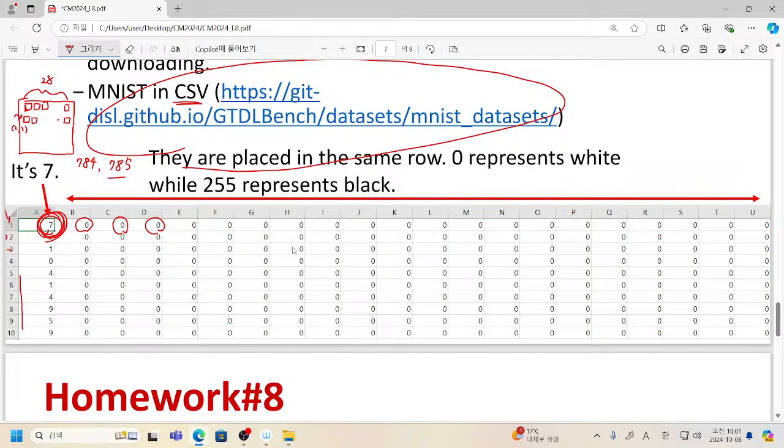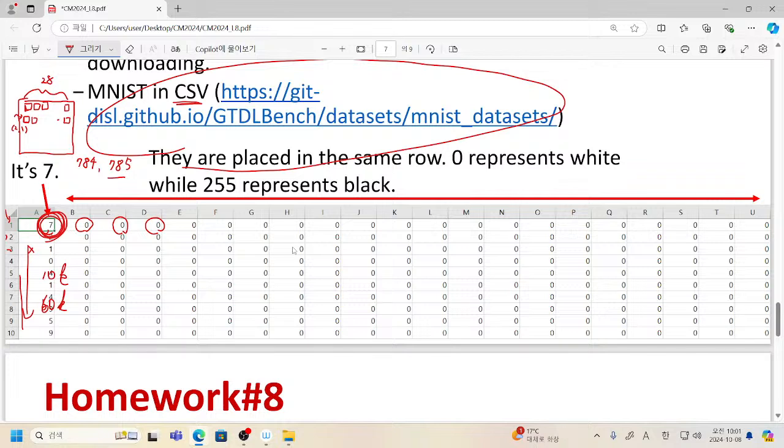And you have many rows, about 10k or 60k, of handwritten data.